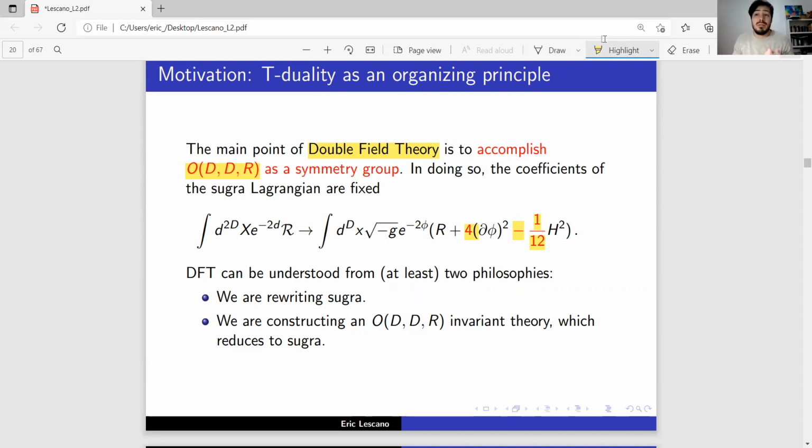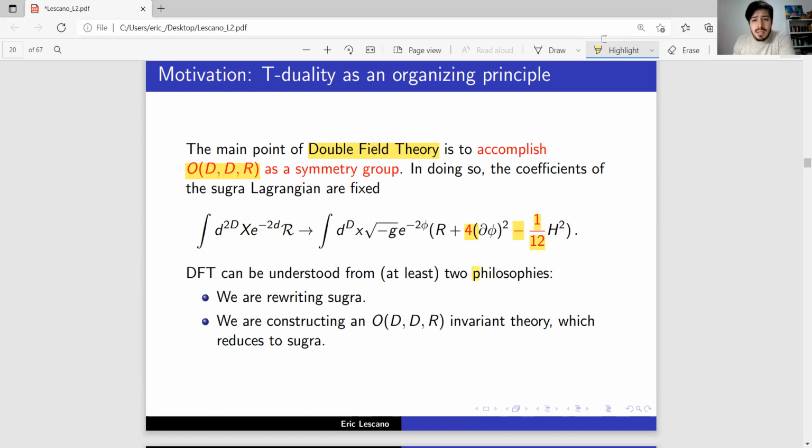The geometry of double field theory, that it's not a Riemannian geometry, contains a lot of information about the string theory. And we can fix coefficients in the Lagrangian without working explicitly with a string theory. That's the power of double field theory, that we can fix coefficients, we can find a supergravity upon parametrization and using the strong constraint. So this part is very important.